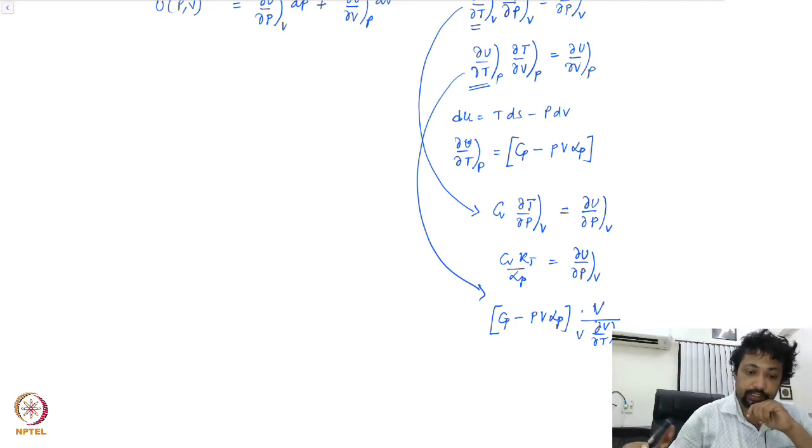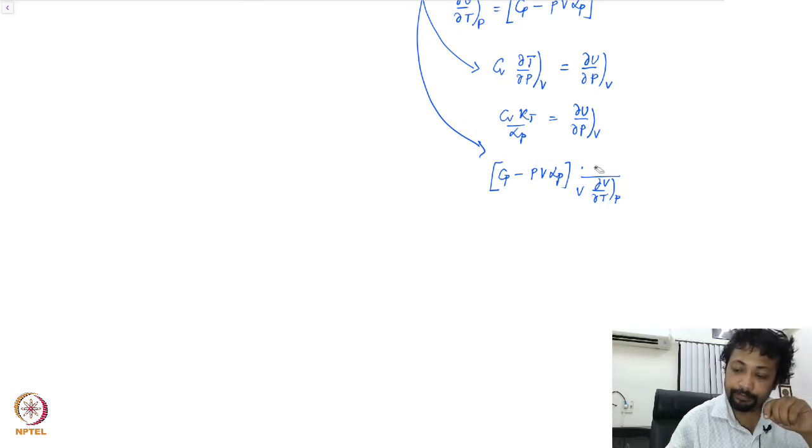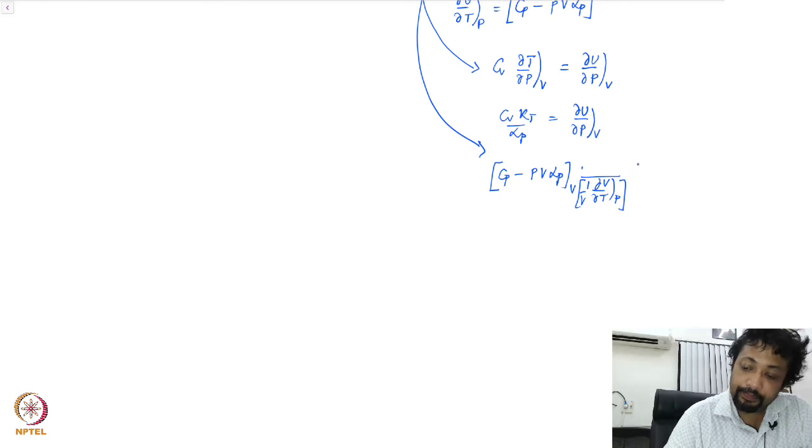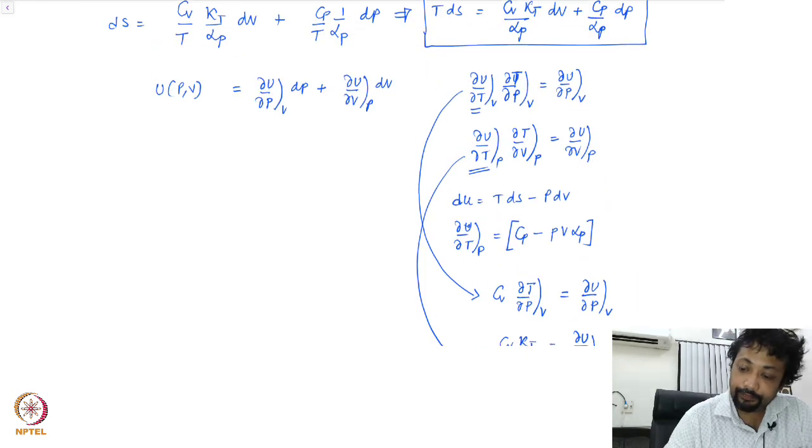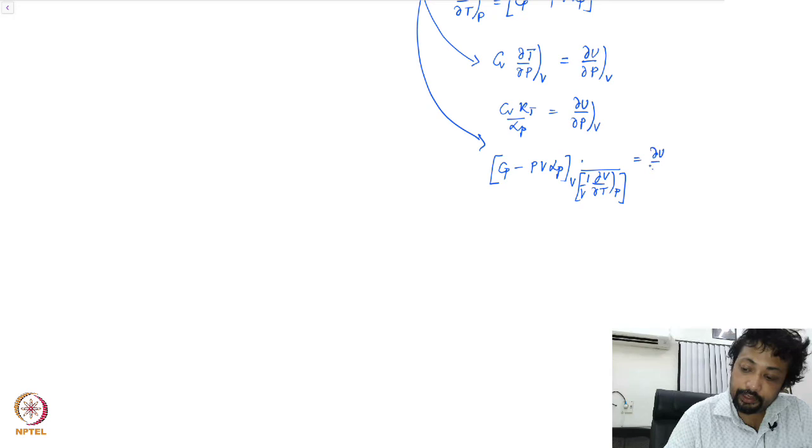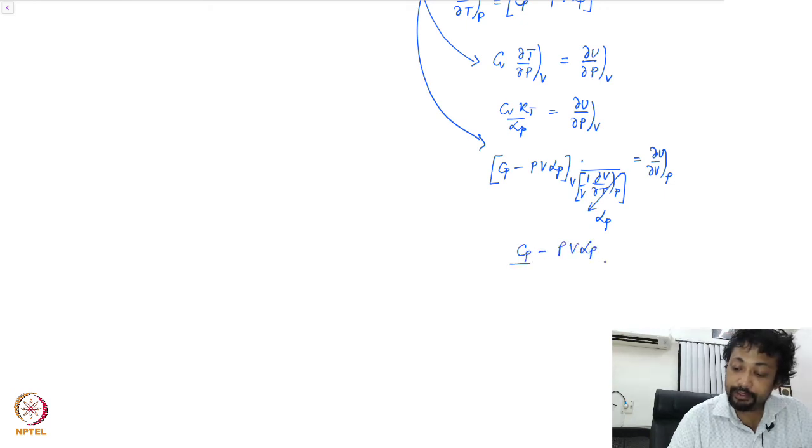So let's recast this slightly so that it is easier to manipulate. 1 by v del v del t pressure constant, this, you know, is alpha p. So this is Cp minus Pv alpha p divided by v alpha p is del u del v pressure constant.